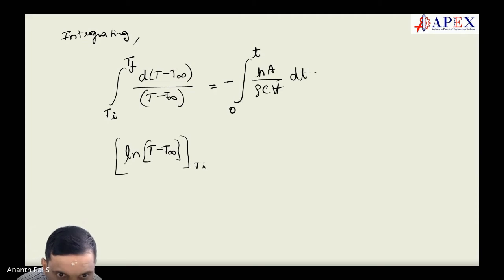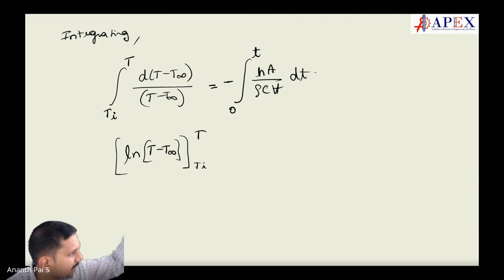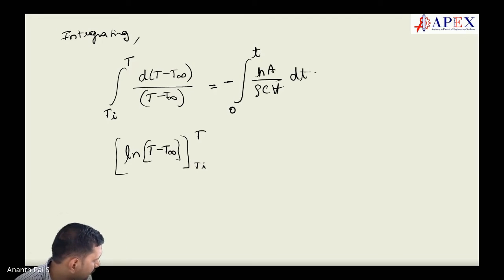from Ti to Tf, or Ti to T final. Let us not use T final, let us put it as T, since T is varying with time.